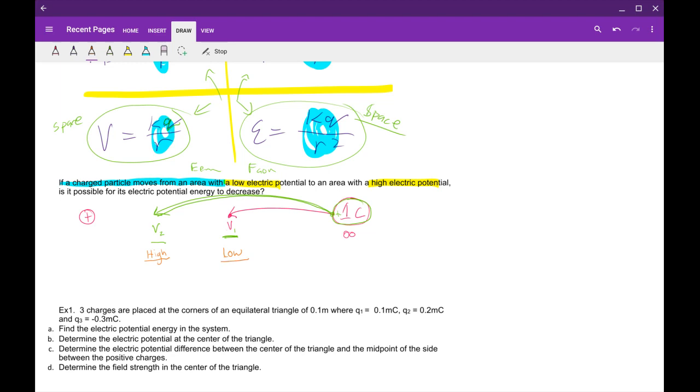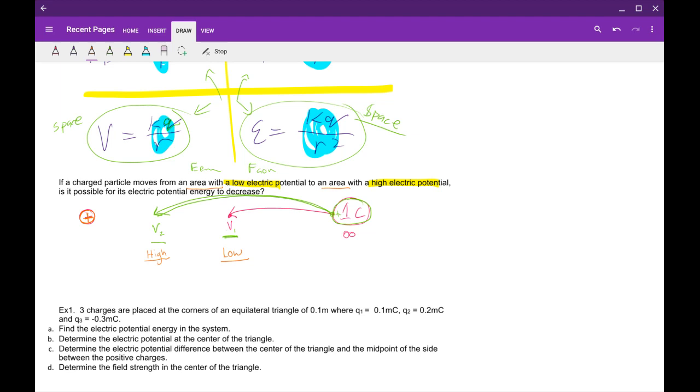All right, I've now taken a particle, this one here, and defined two areas, an area with a high electric potential and an area with a low electric potential. I've defined those two areas.